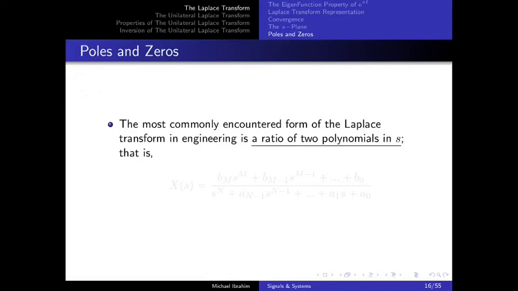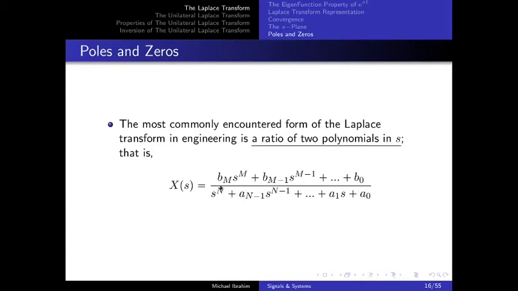A rational function is basically a ratio between two polynomials. That is, X of s will always take the form of one polynomial in the numerator over another polynomial in the denominator. The polynomial in the numerator is of order m, and the polynomial in the denominator is of order n.